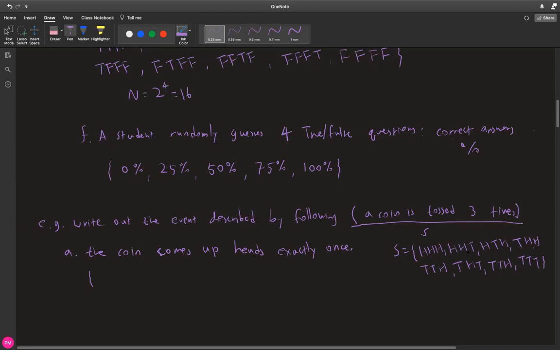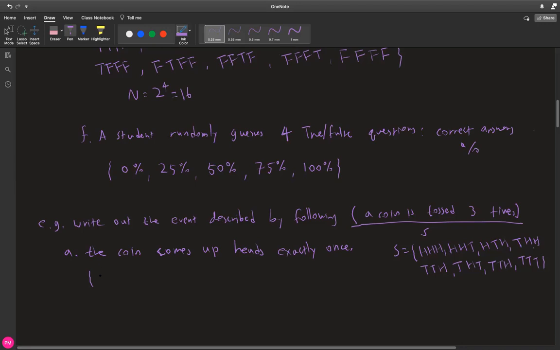Out of all these possible outcomes, we want to look at which consist of the coin coming up heads exactly once. Obviously, if you look at the first row, heads come up at least twice or 3 times.